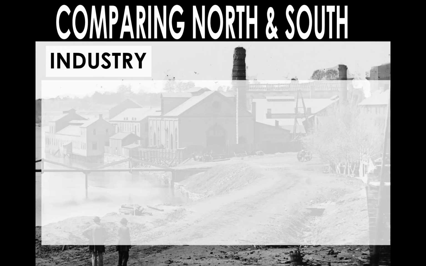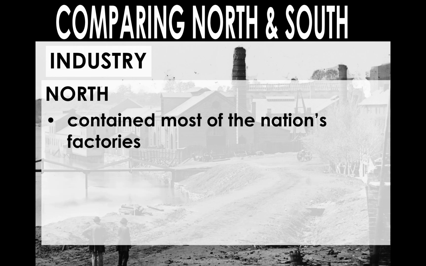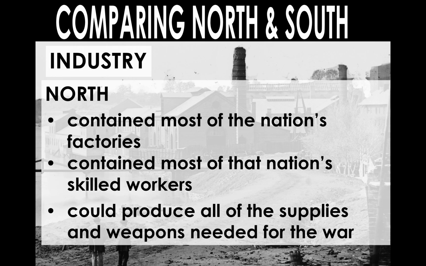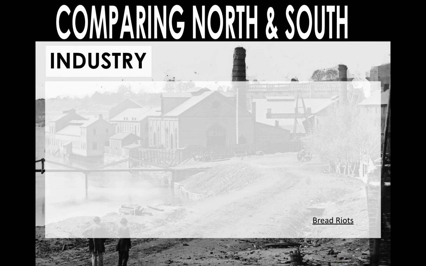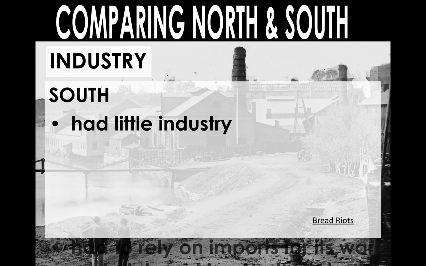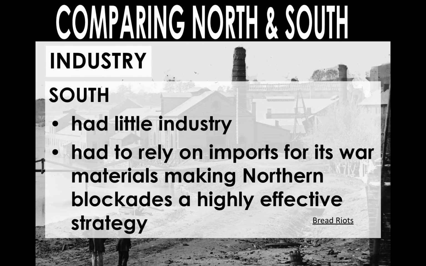Let's talk about industry. The North contained most of the nation's factories, and it also contained most of the nation's skilled workers. So they could produce all the supplies and weapons that they needed for the war. Getting whatever they needed for the war was not a problem for people in the North. The South, on the other hand, didn't have much industry at all, and they had to rely on imports for the war.